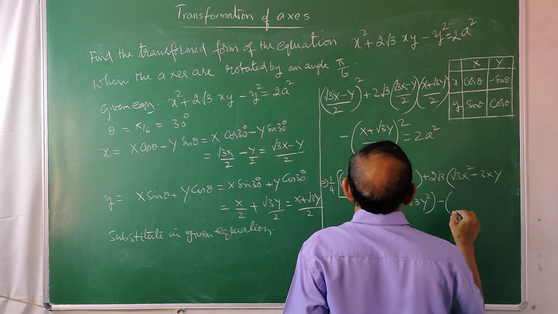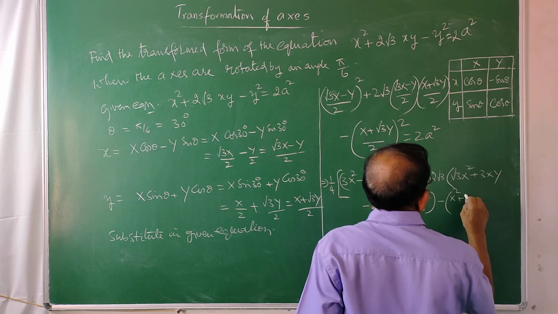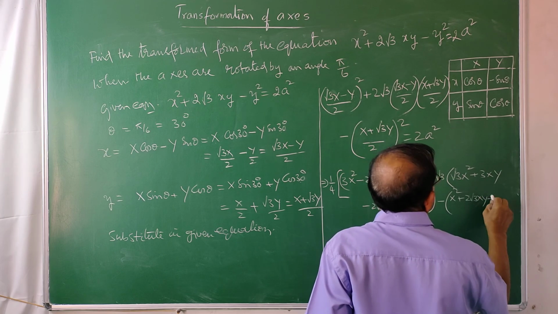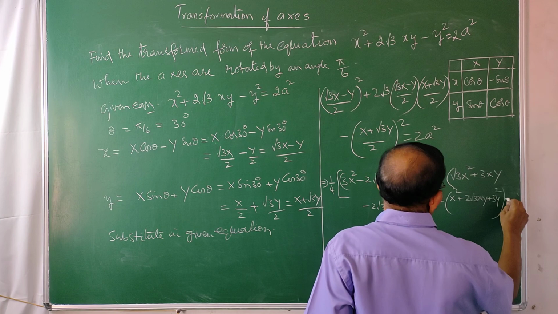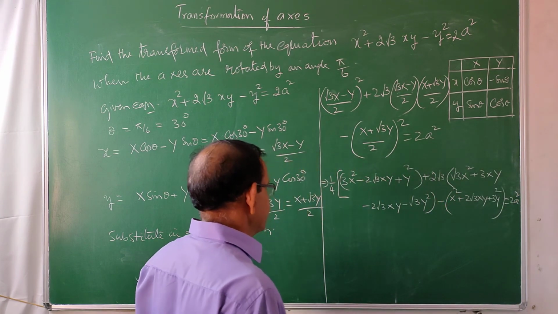Minus x square plus 2ab, means 2 root 3 xy plus 3y square, is equal to 2a square.